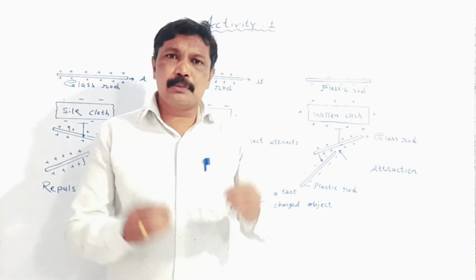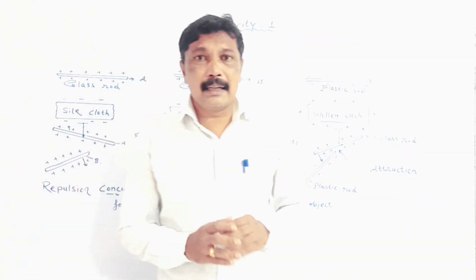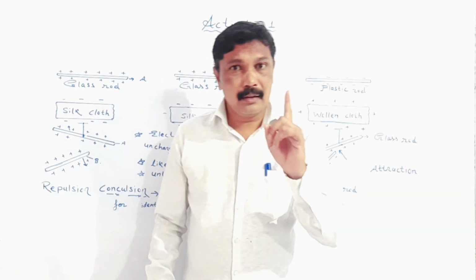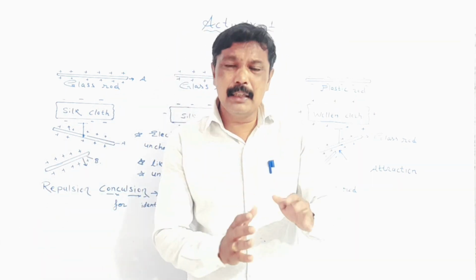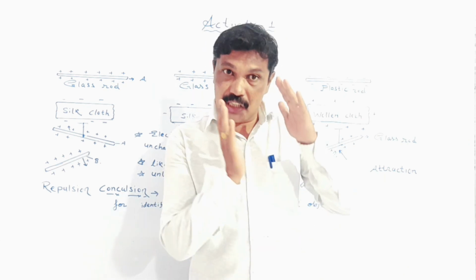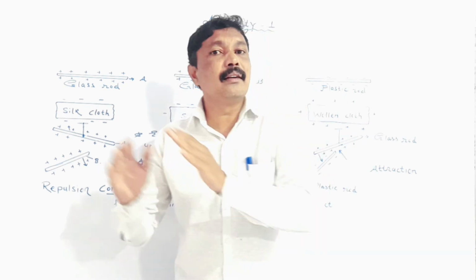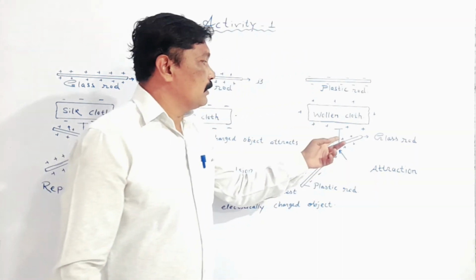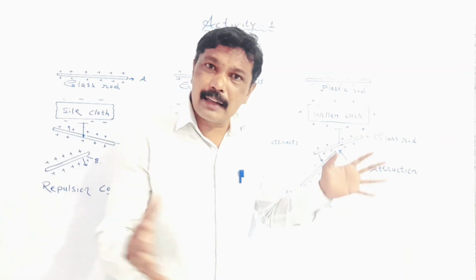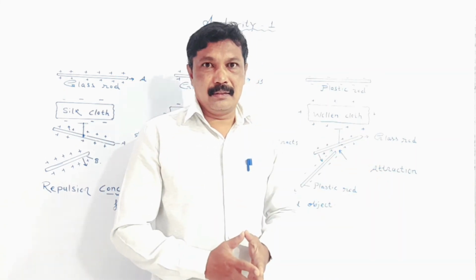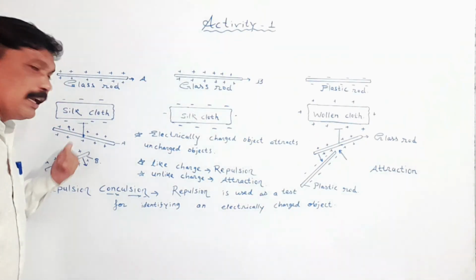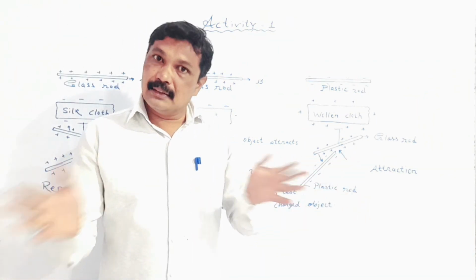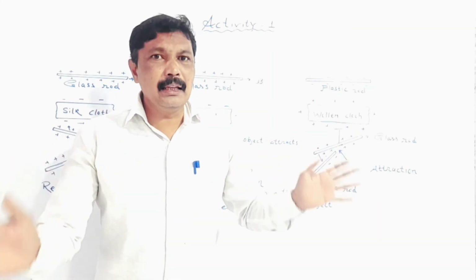My dear student, experimentally it is proved that a charged object attracts an uncharged object. Keep in mind, experimentally it is proved that a charged object attracts an uncharged object. Second thing, oppositely charged objects attract each other, but the same charges repel each other.